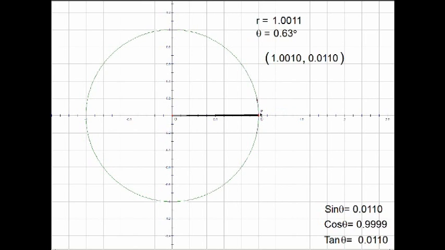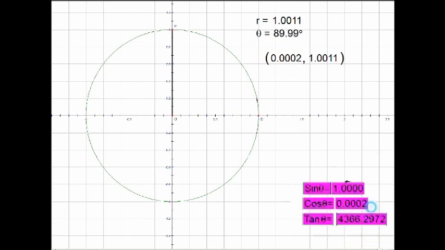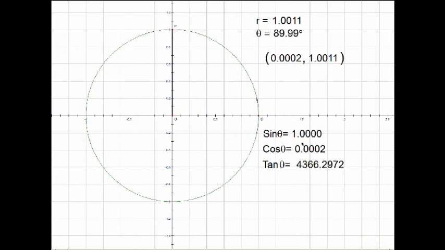Then you would conjecture what happens at 90 degrees. At 90 degrees, the adjacent side is shrinking, it's going down, so the ratio should be falling. Since the adjacent side measures 0 here, the cosine of 90 degrees is 0, and it is.